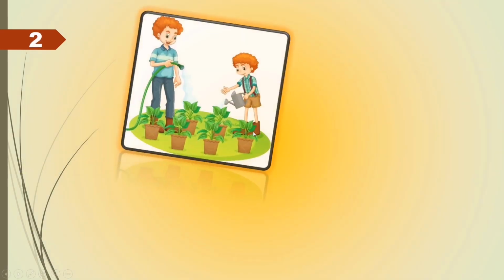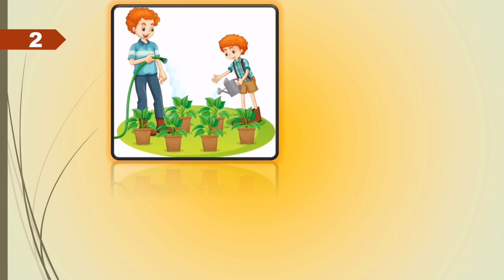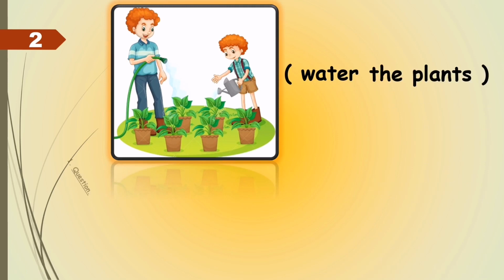The second picture. Look at the picture and the phrase given. Water the plants. First, ask a question based on the picture. Begin your question with what, then the verb to be. Look at the picture. In the picture, there are two people.